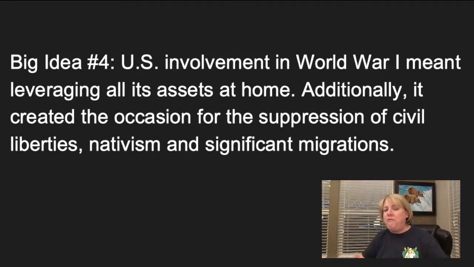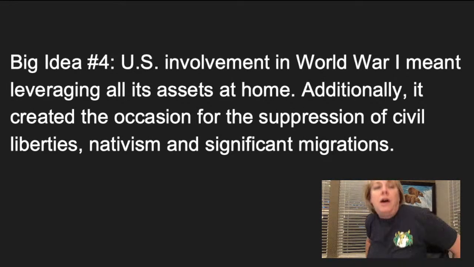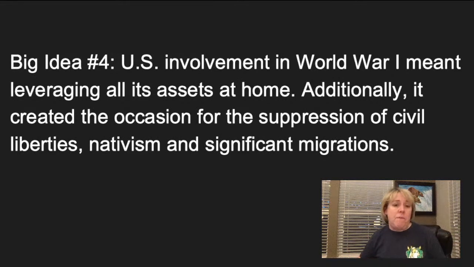Xenophobia, fear of immigrants and stuff like that, starts to rise in our country. And so we are going to start what's known as the Red Scare. This fear of communism, this fear of how it could come here. And we're seeing some parallels between what happened in the Soviet Union and what's happening in the United States, specifically our labor unions and strikes.